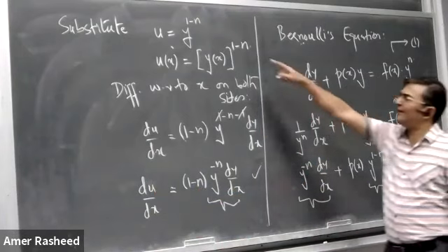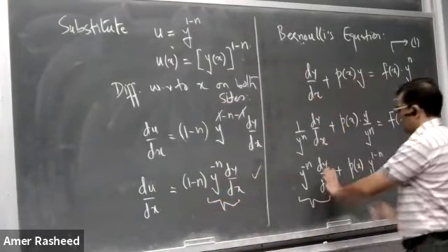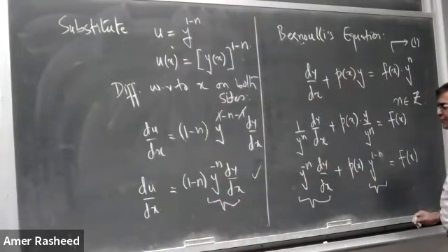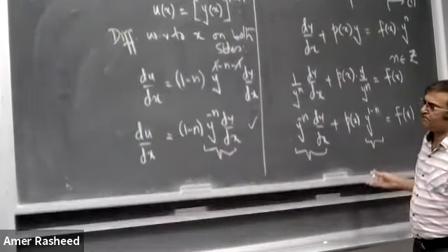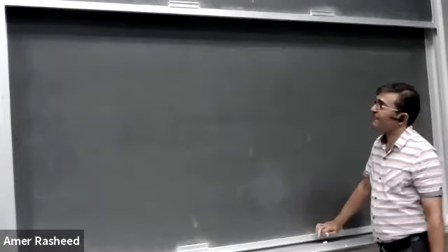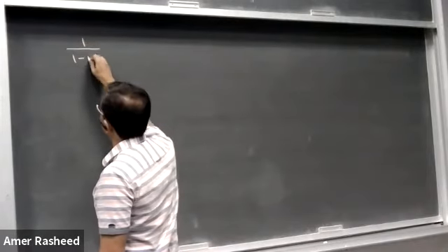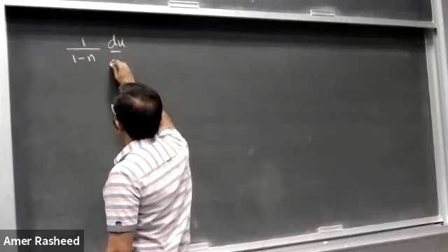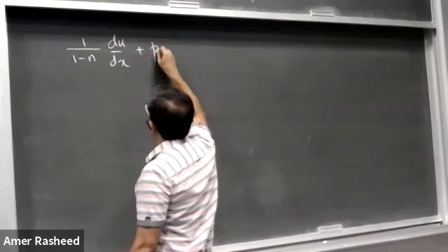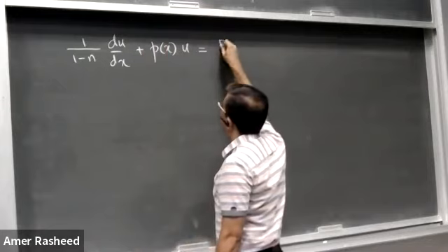Now, using this substitution and this expression, we can convert this whole differential equation into a new differential equation, which is now 1 by 1 minus n du by dx plus p of x times u is equal to f of x.